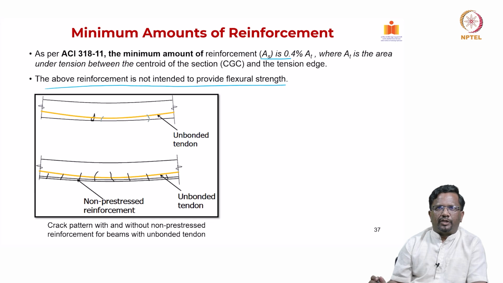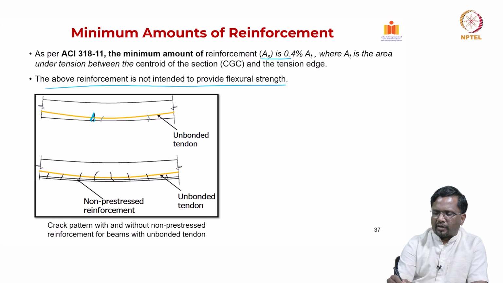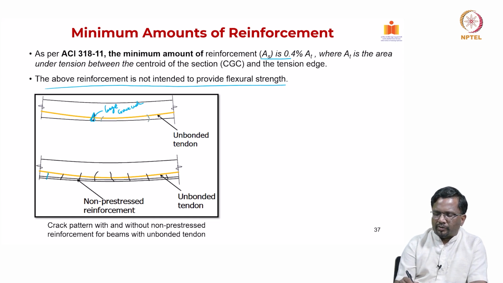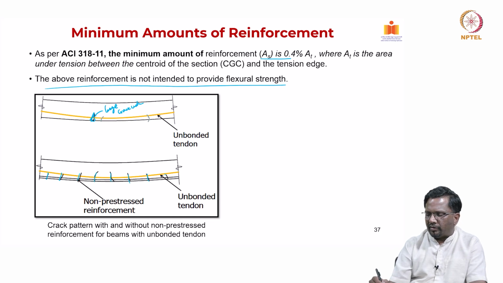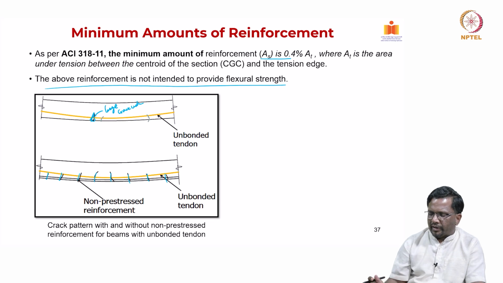So, if you see here, when you have an unbonded system, typically you will have this kind of a large crack which is possible. In case of an unbonded tendon with the non-pre-stressed steel, instead of one major crack, I can have a lot of multiple minor or smaller cracks that will help.